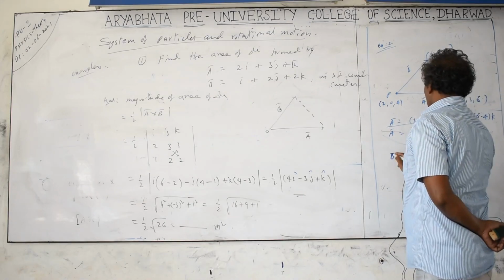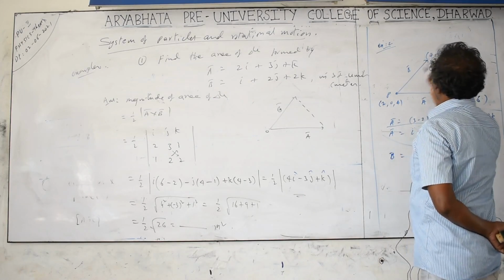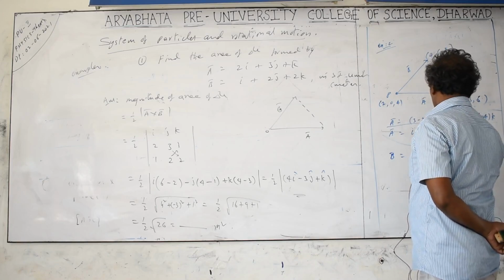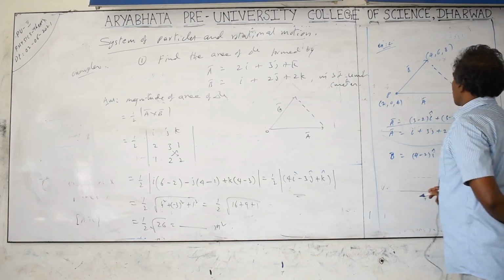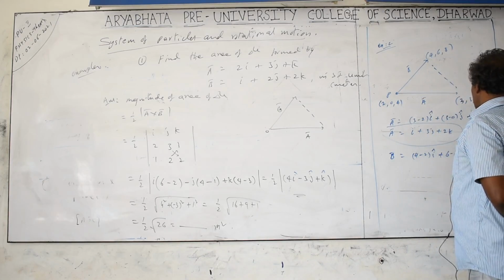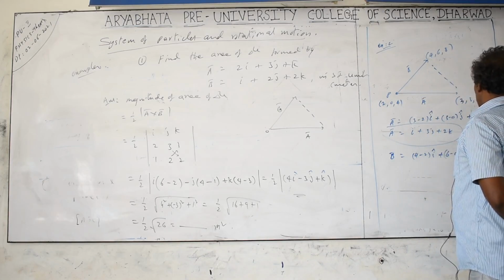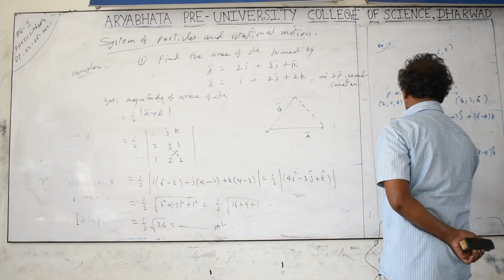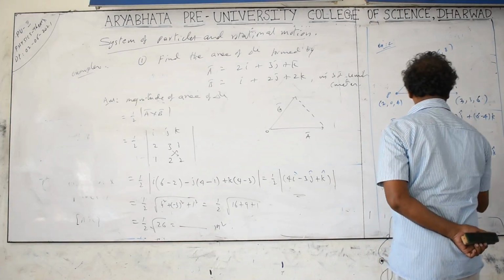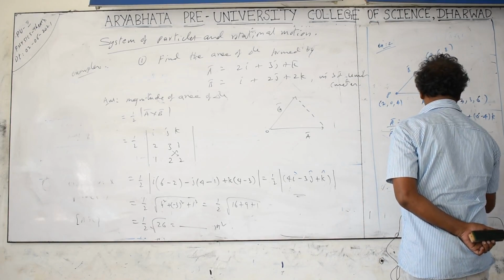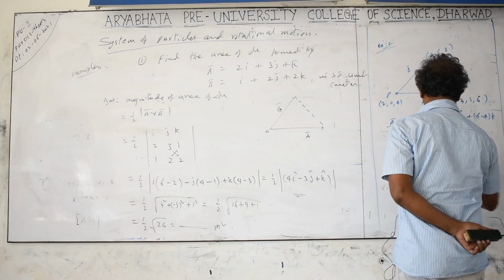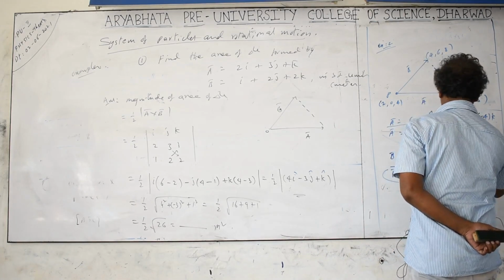Next, B bar, is equal to 4 minus 2 into i, plus 6 minus 0 of j, plus 8 minus 4 of k, which is equal to 2i plus 6j plus 4k, meters.